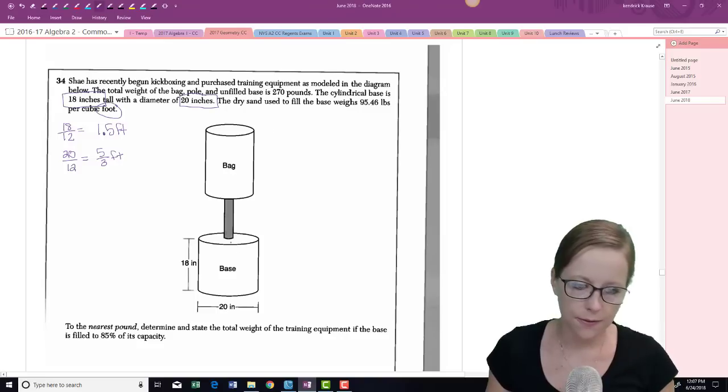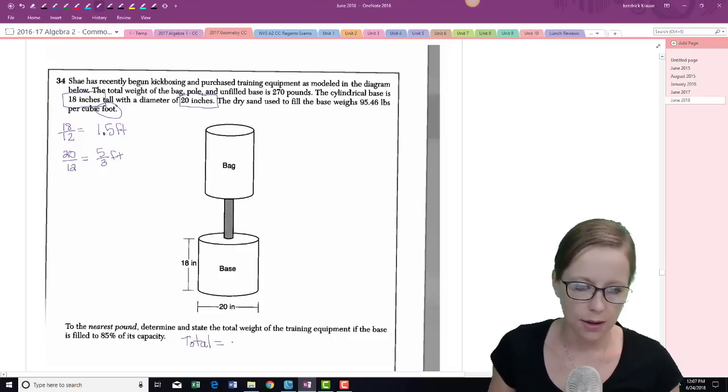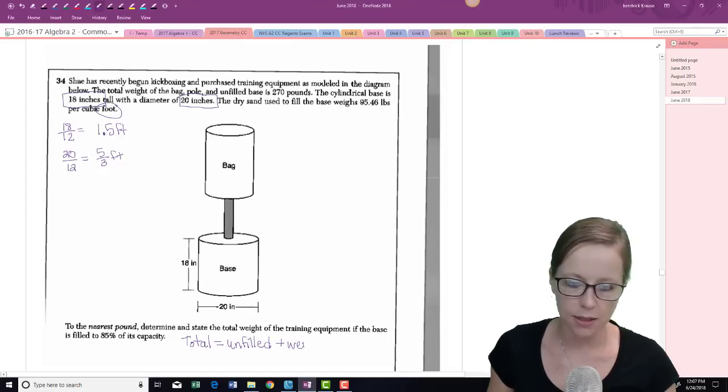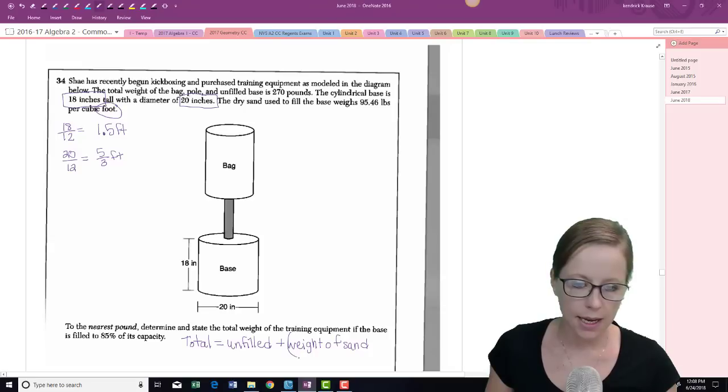To the nearest pound, you're going to figure out the total weight of the training equipment. Well, the total weight is going to be the weight of the equipment, so the unfilled, plus the sand, right? Weight of sand, but times, not the whole base, only 85%, so 0.85 times the volume of the base.